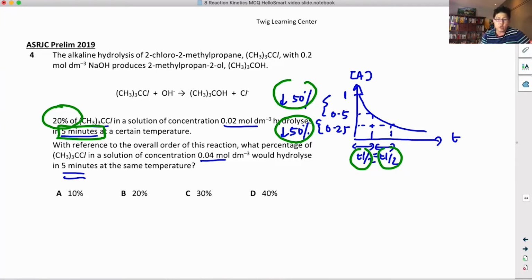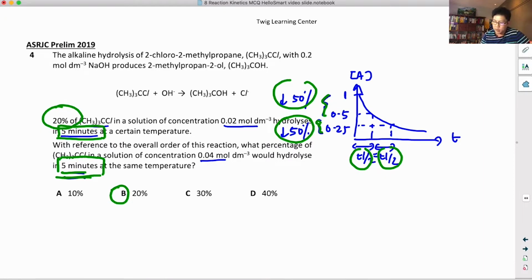So as long as the time taken is the same, the percentage drop would also be the same. So in this question, it is also 20%. The percentage drop is the same, but the absolute concentration drop, of course, will be different. Like you can see from here, it drops by 0.5, but this only dropped by 0.25. Okay, so that's a learning point.